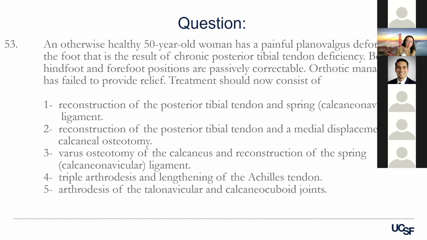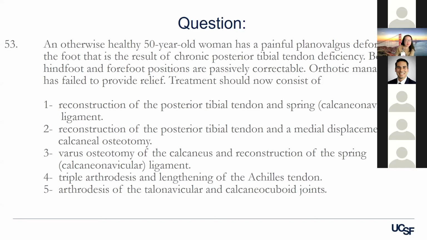Let's see, so we talked about that 1 doesn't work. 4 and 5 seem kind of extreme. And then, let's see, I guess I would probably go with 2. Correct, yeah. So you don't want to do a varus osteotomy, and also you don't want to do a reconstruction, well, I don't know.